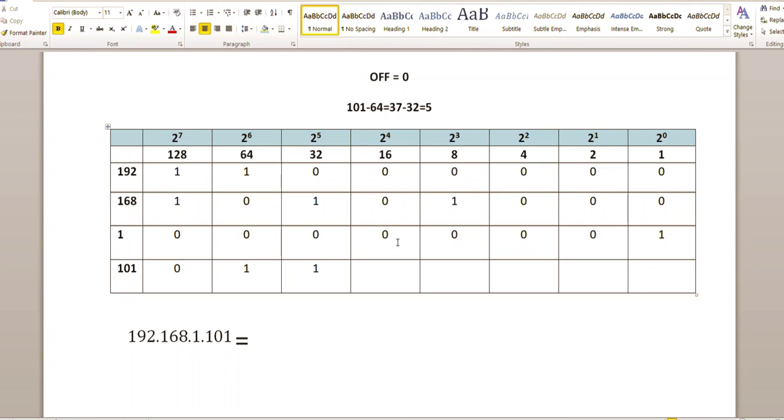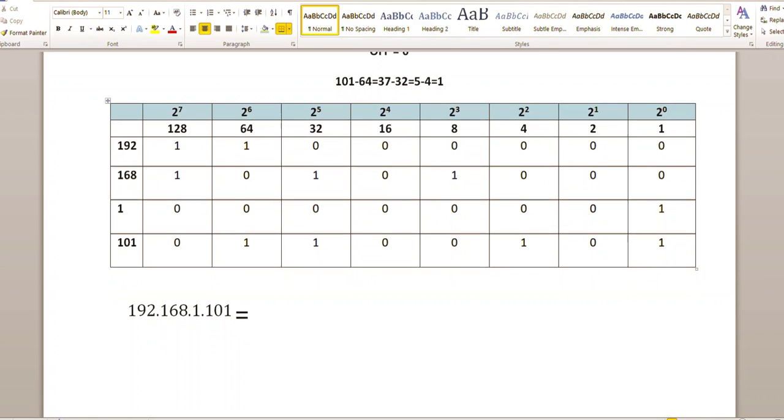Now 5 is less than 16, so we place our off value. 5 is less than 8, off value. Can 4 go into 5? Yes, it can. So 5 minus 4 is equal to 1. Is 2 less than 1? No. So off value, and then 1 will go into 1. So that's it, guys. That's how simple this is.